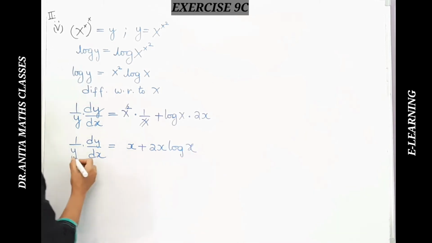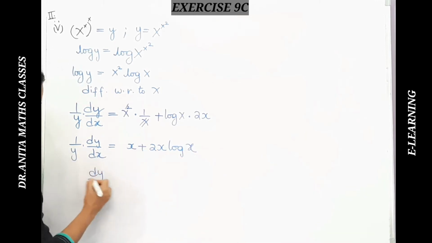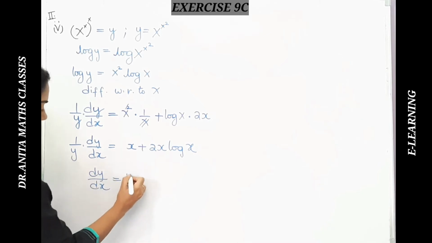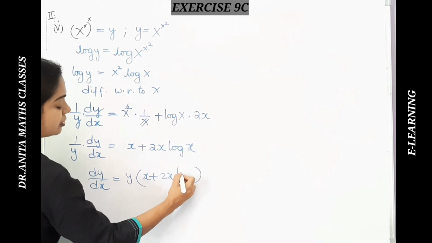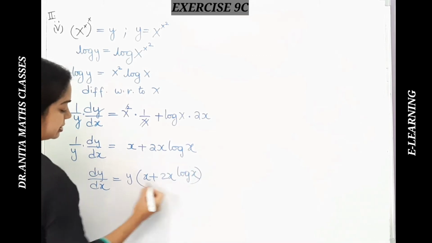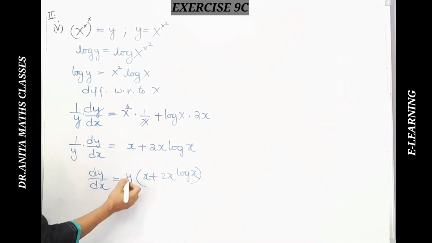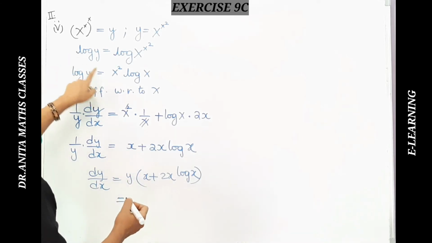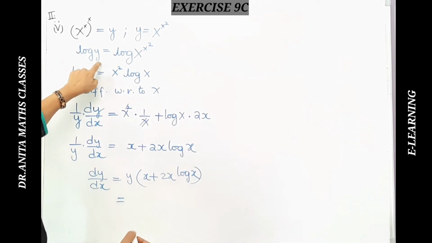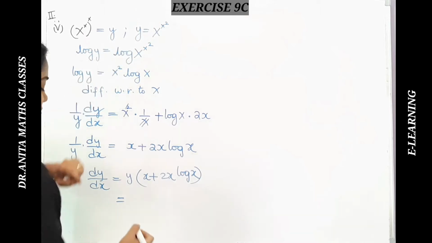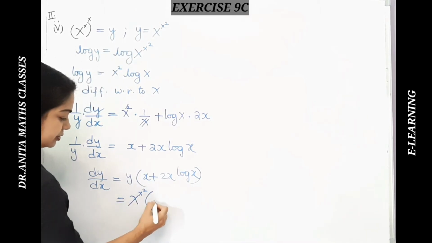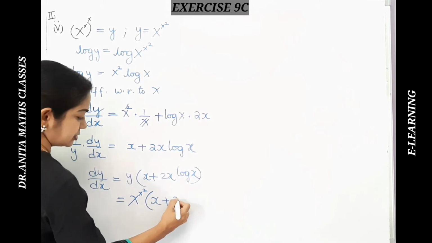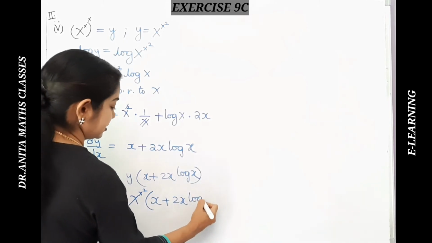Now this y, if you shift it to the other side, dy by dx is equal to y multiplied by x plus 2x log x. Now what is y here? We supposed this as y, so y is x raised to the power of x squared. So dy by dx is x raised to the power of x squared into x plus 2x log x.